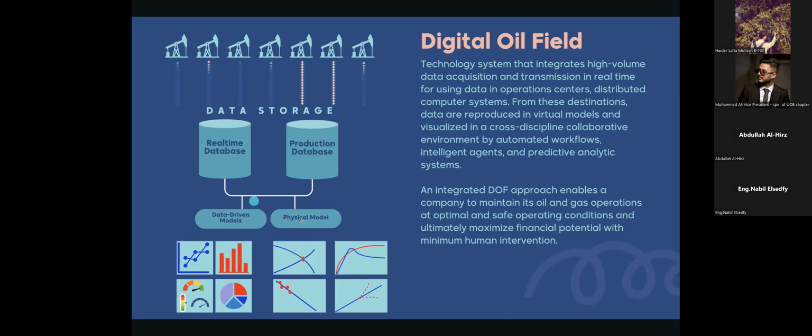So you can build a physical model to get the IPR curves, or the decline curve in your field, or on top of that you can use those data to build data-driven models, for example machine learning models, or AI models, to forecast your production or to predict the events that will occur, especially in your ESPs.